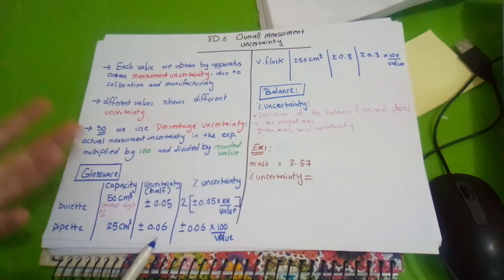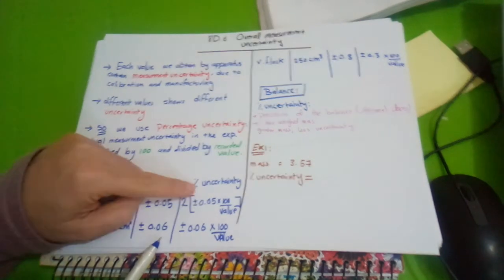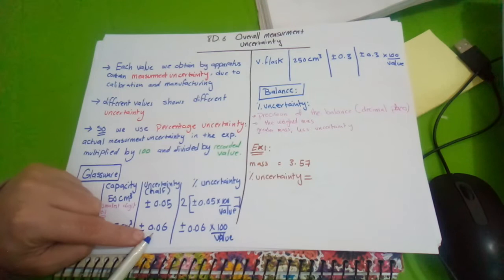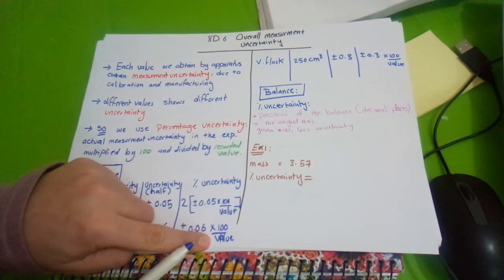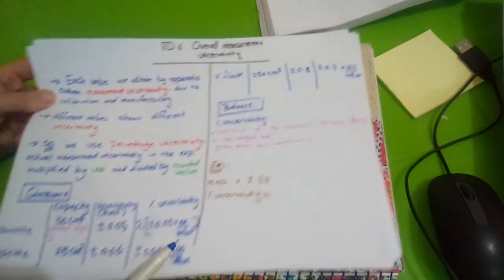In order to read the pipette volume, you read it only once. So the uncertainty will be only plus minus the measurement uncertainty multiplied by 100 and divided by your recorded volume or value.